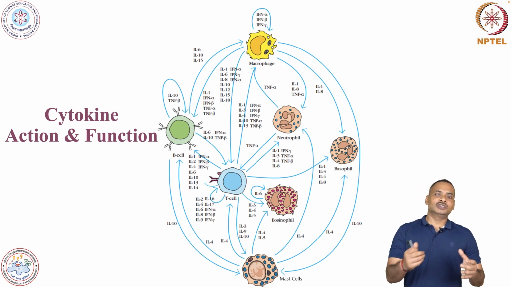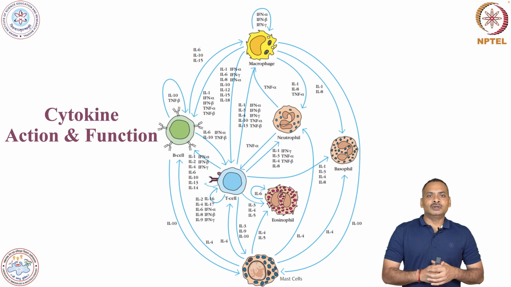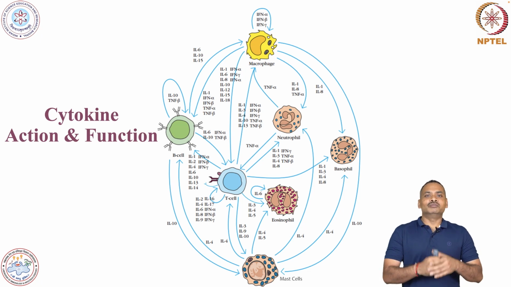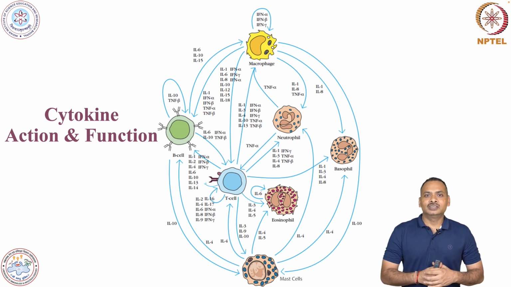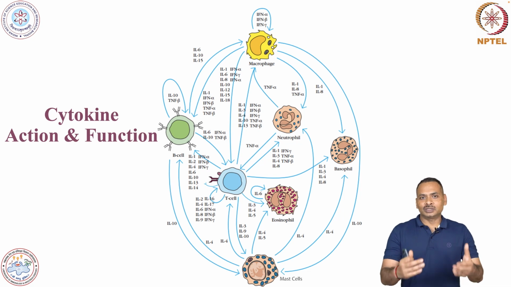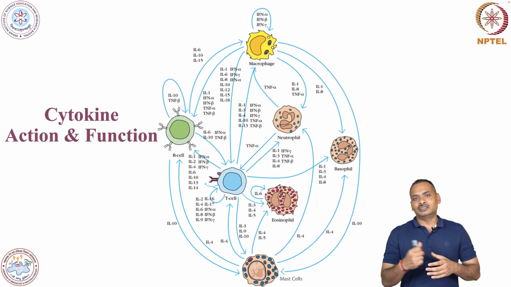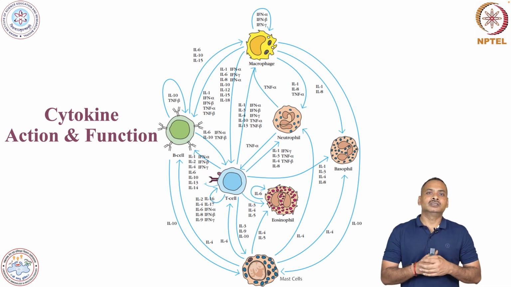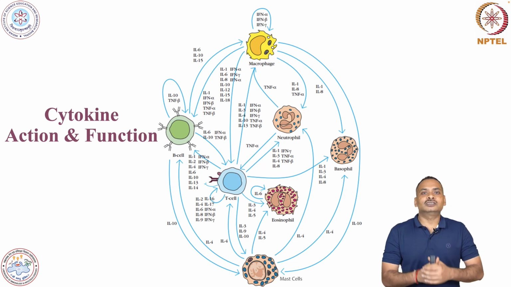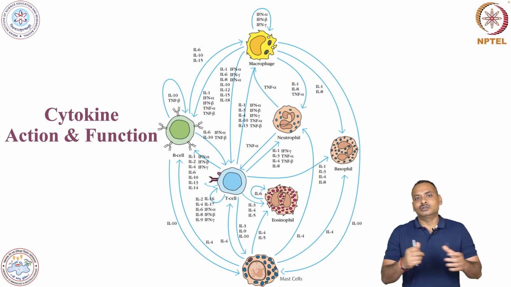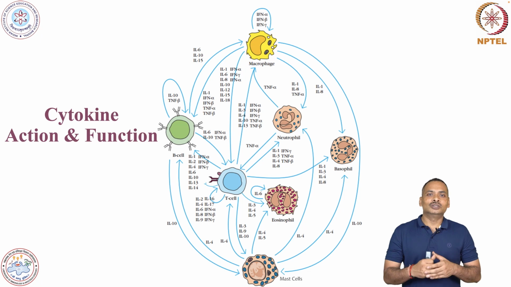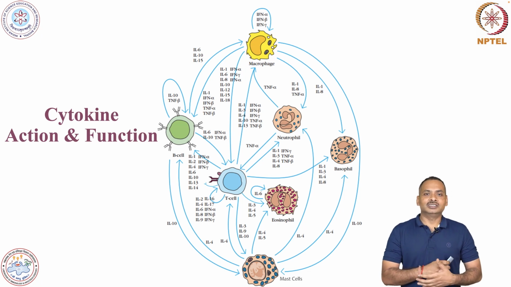At that time you will remember. However, you do not need to memorize all this network. When you study those particular cells and their responses, or when you do research in that field, you will automatically remember. You need not mug up these networks.